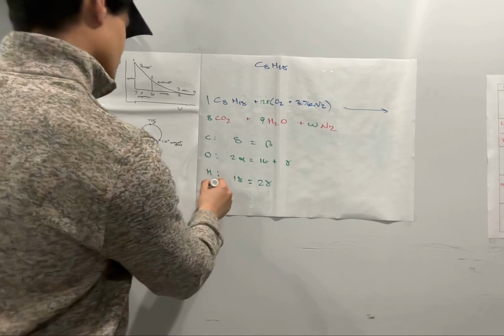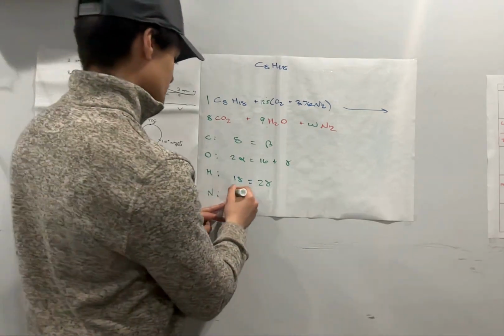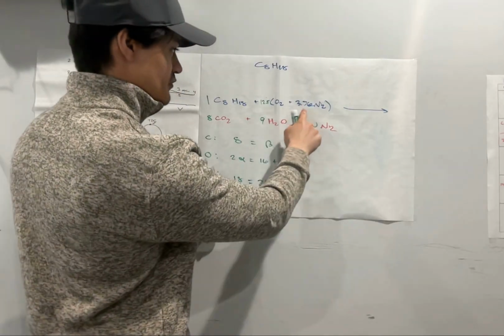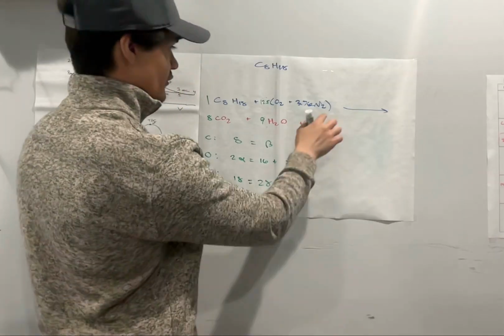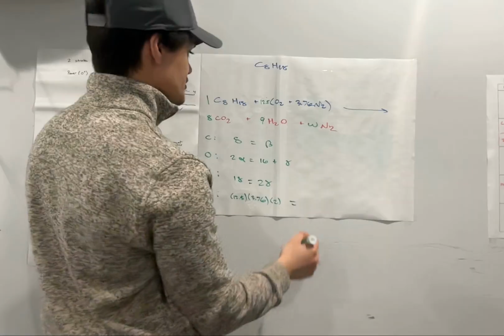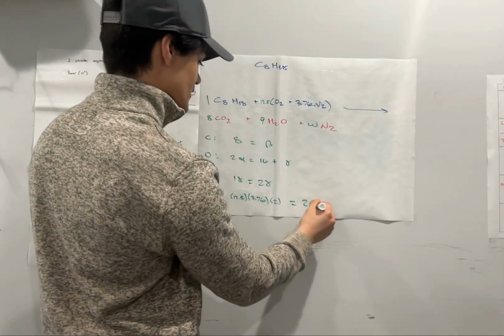And then for nitrogen, this one's important. It's 12.5 times 3.76. And then don't forget there's a 2 here, so it's also times 2, which equals omega 2, which is 2 omega.